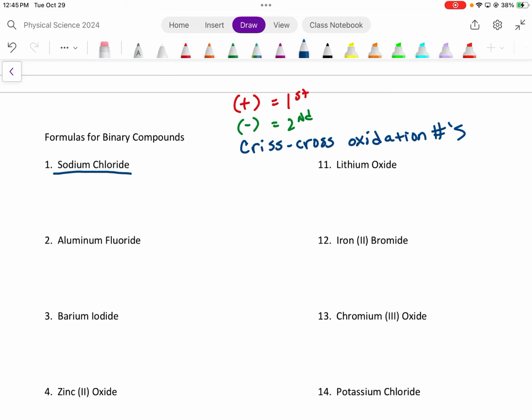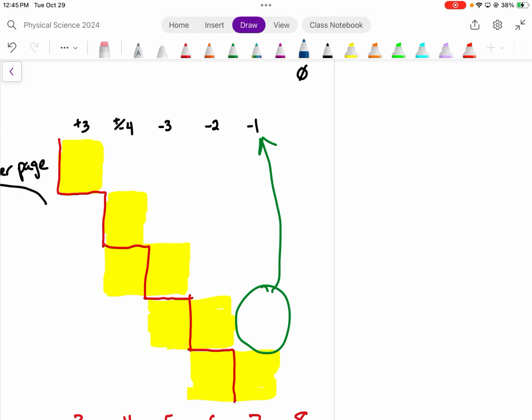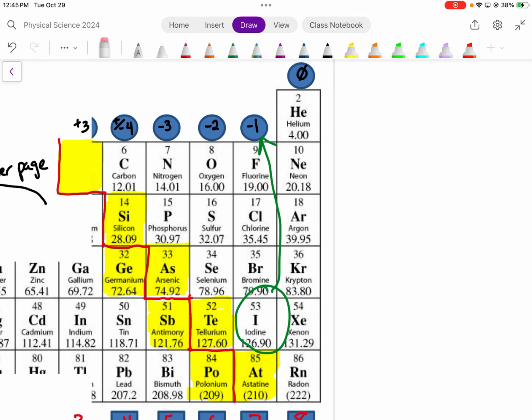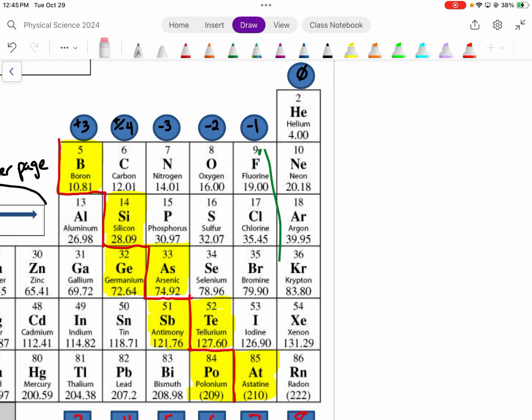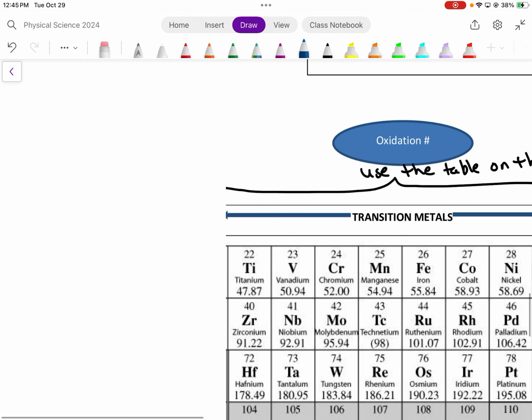So I'll go to my periodic table. I need to get 2 things: the symbol and the oxidation number. Here's chlorine. Chlorine is capital C, lowercase l. Oxidation number is a -1.